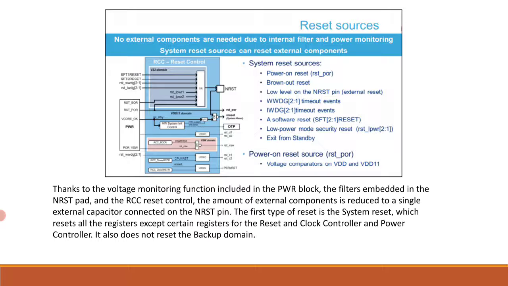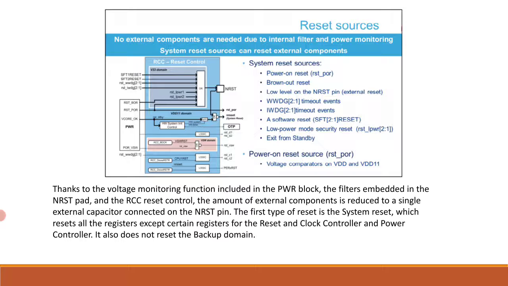An exit from standby mode, a low level on the NRST pad, a timeout from one of the independent watchdogs, IWDG2:1, and a timeout from one of the window watchdogs if allowed by the reset scope bits, WWDG2:1 RSC, and a software reset request initiated by the Cortex-M7 named CPU1 or Cortex-M4 named CPU2.